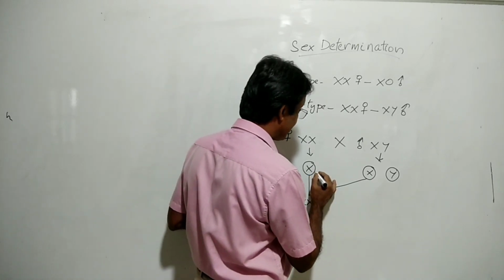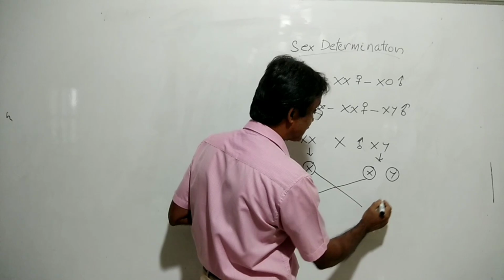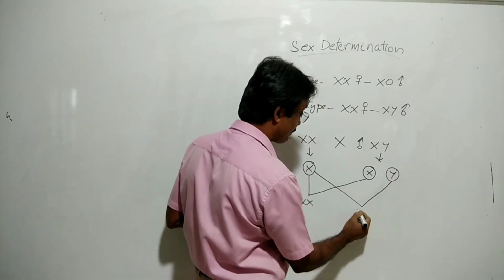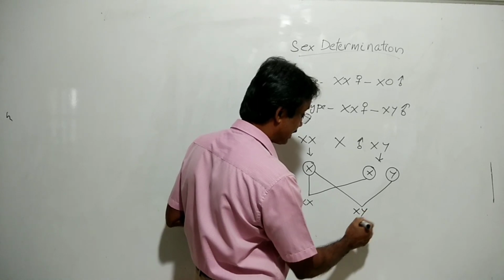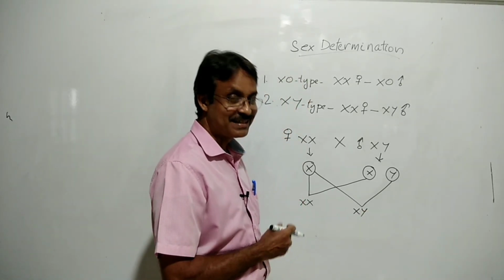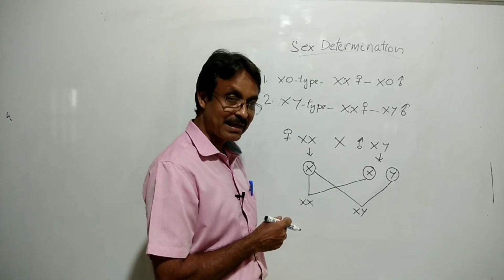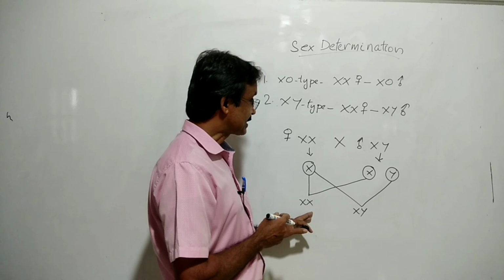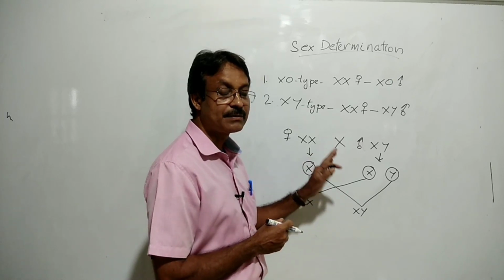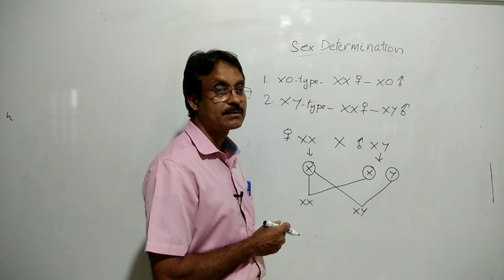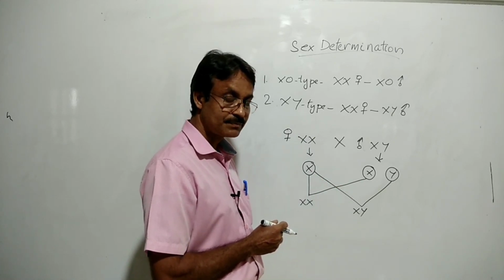And when the ovum is fertilized with the sperm with the Y chromosome, then it is XY. And what is the sex of this XY? Yes, it is male. So this is the sex determining mechanism in mammals and some insects like Drosophila.